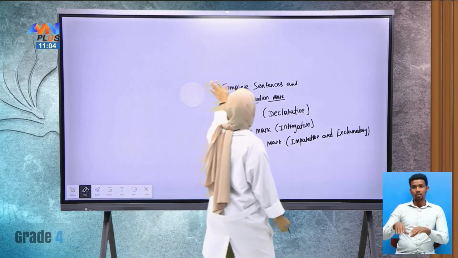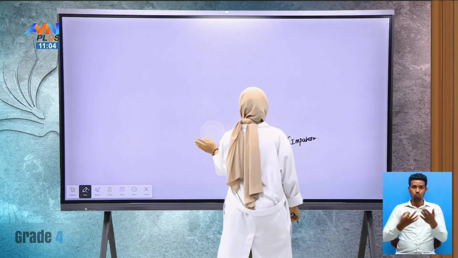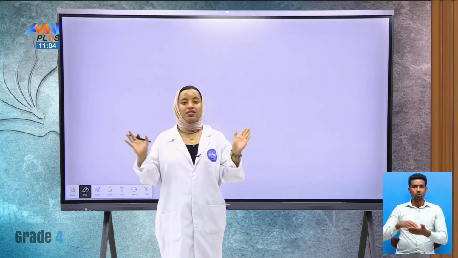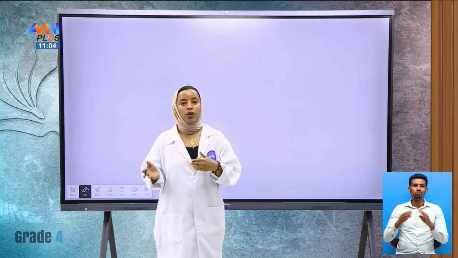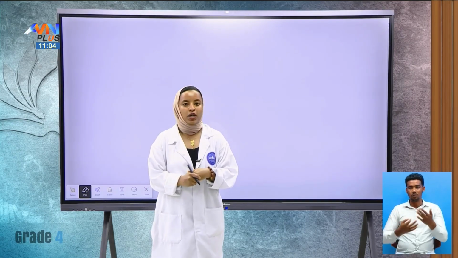Students, today we are going to learn about contracted forms of words. After this lesson, students will be able to contract some new words and make their shorter forms. This is today's lesson.